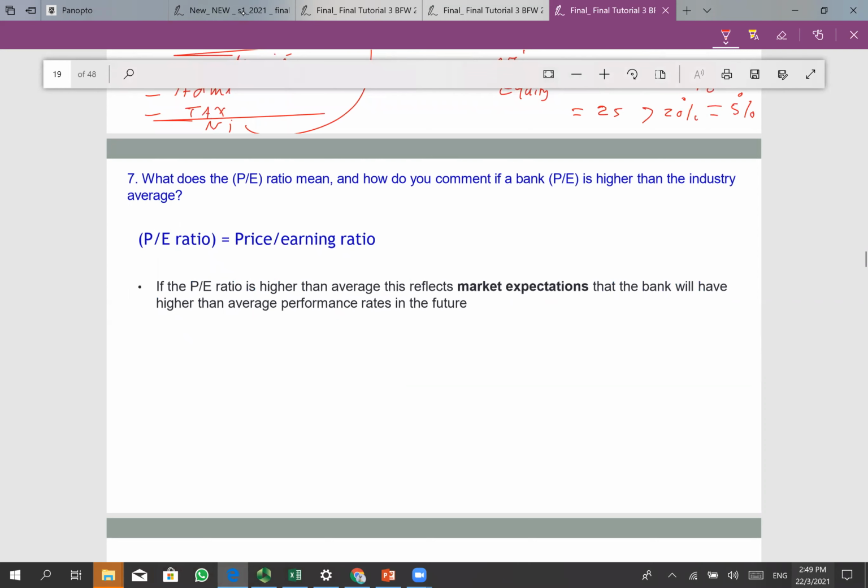This is the last question. What does the price to earnings ratio mean, and how do you comment if the bank's price to earnings is higher than the industry?